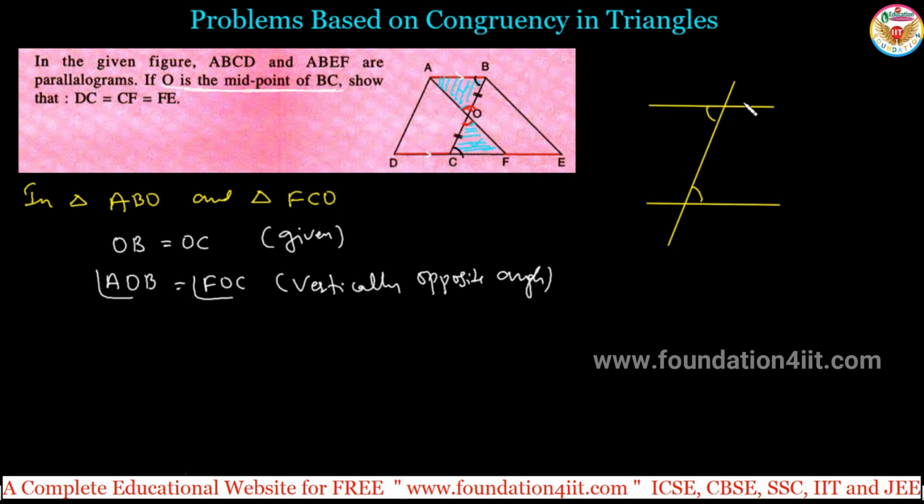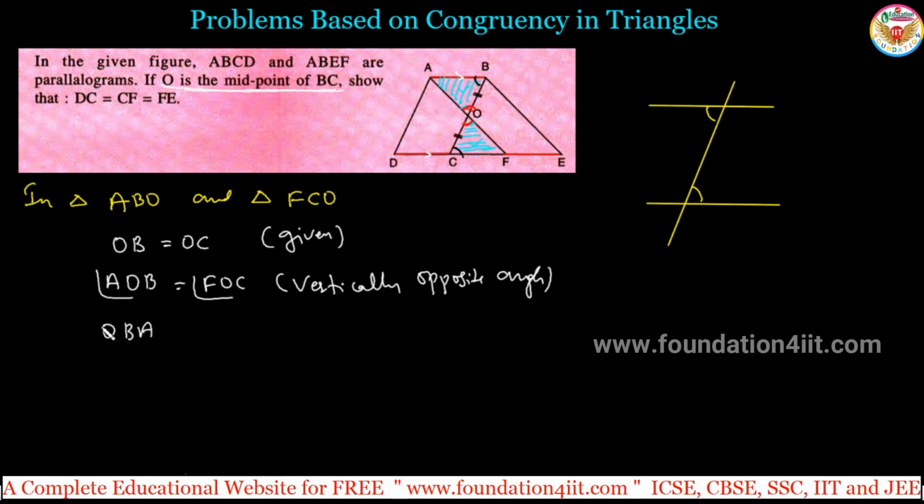So angle B and angle C. Here B is nothing but angle ABO, or OBA. So angle OBA is exactly equal to angle OCF.